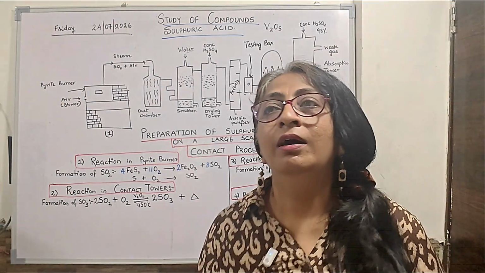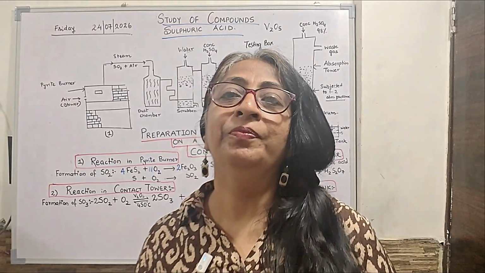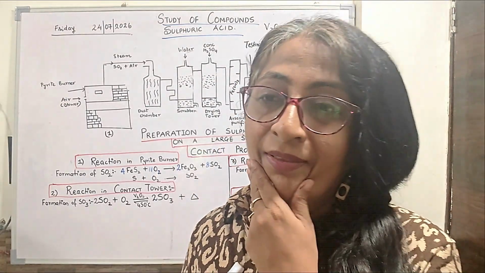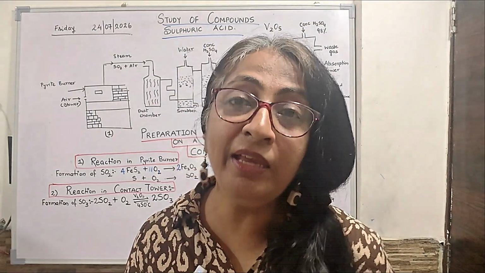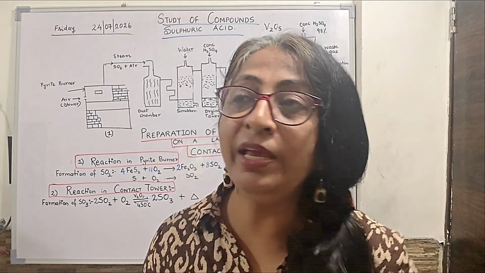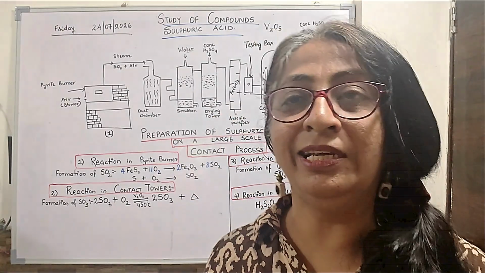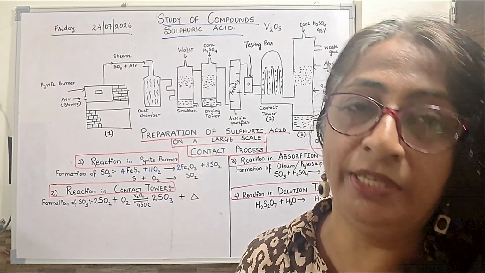And now, like how I was puzzled during my time, I know many of you might be thinking कि मैम सल्फ्यूरिक एसिड बना रहे हैं और सल्फ्यूरिक एसिड ही यूज कर रहे हैं, तो इसका क्या पॉइंट है?